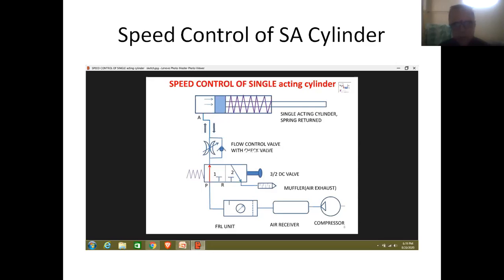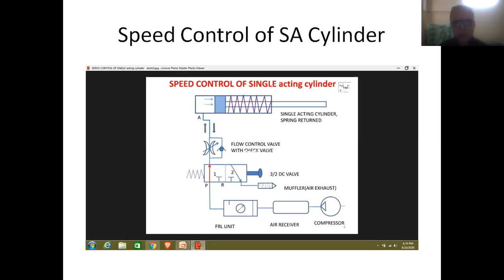So, friends, in this class, I would like to take two topics. The first one is speed control of single acting cylinder, and the second item is pilot control of single acting cylinder.